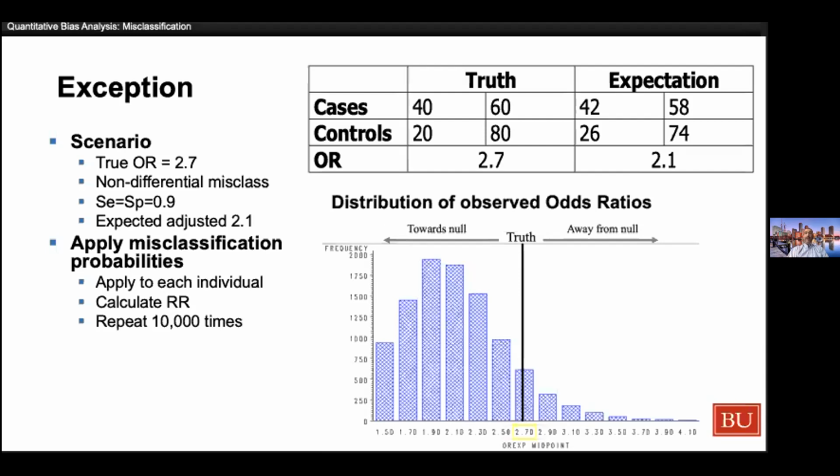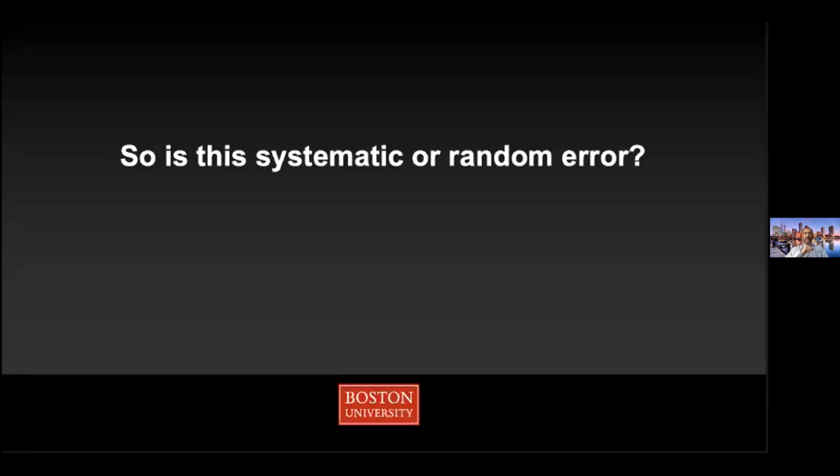And so we have to keep in mind that this is a probabilistic process happening to individuals. And so that begs an interesting question, which is, does that probabilistic nature count as systematic error or random error?